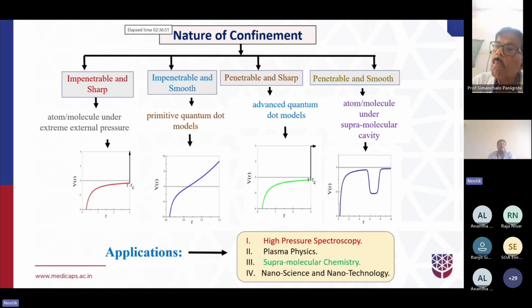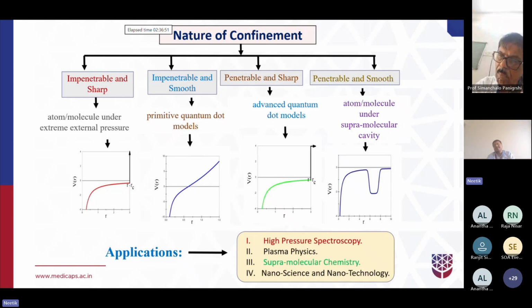Impenetrable sharp means the potential is infinite, just like when we are trapping a system in a particle in a box, which has an infinite barrier. When we move to impenetrable smooth, the barrier is infinite, but it is gradually increasing, as in the example of the harmonic environment.